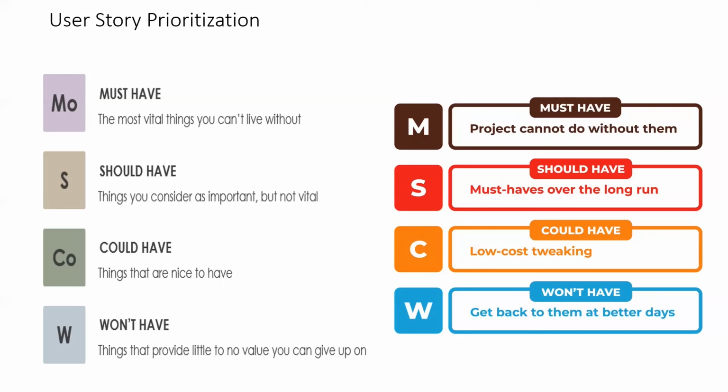The third is could have, the things that are nice to have but can be of lower priority. Won't have, the things that provide little or no value, and you can give up on them, or they are basically the waste and should be avoided while doing the works of high priority.